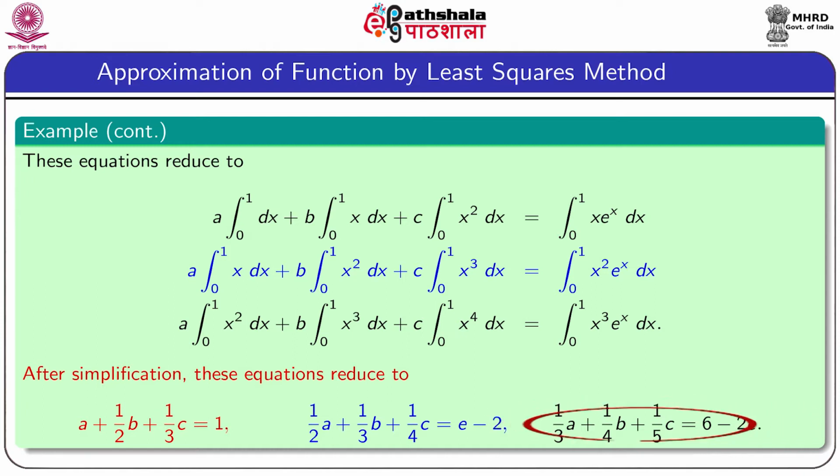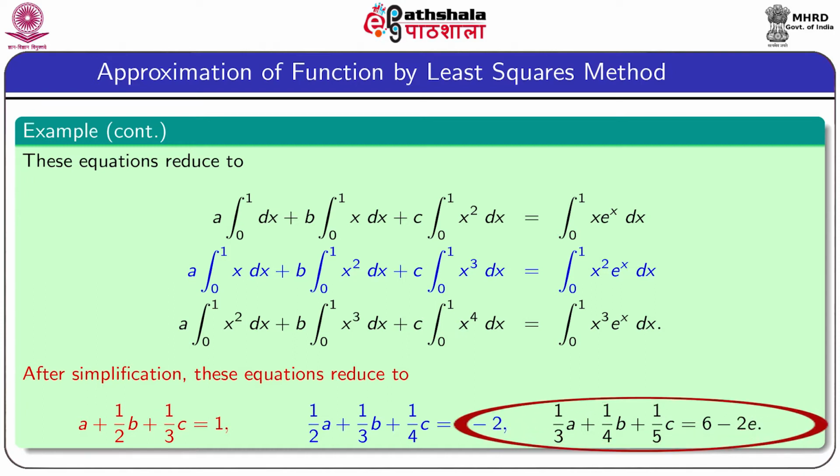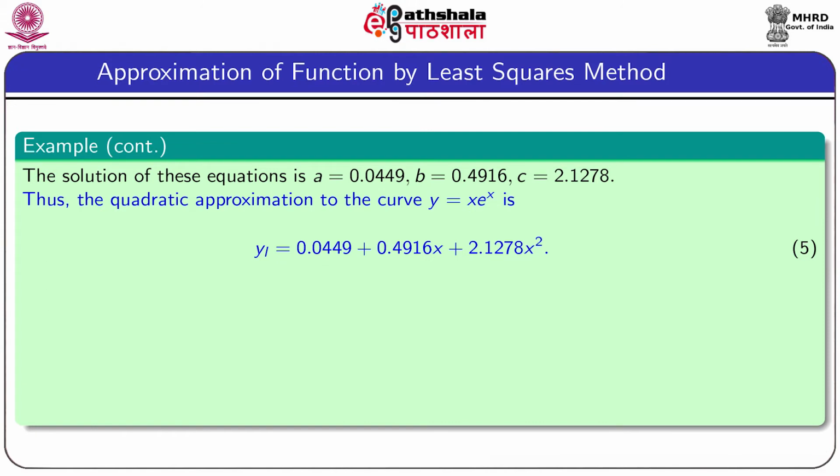And the third normal equation reduces to (1/3)a + (1/4)b + (1/5)c = 6 − 2e. Now, the solution of this system of equations is a = 0.0449, b = 0.4916 and c = 2.1278. This is the solution of the above normal equations.